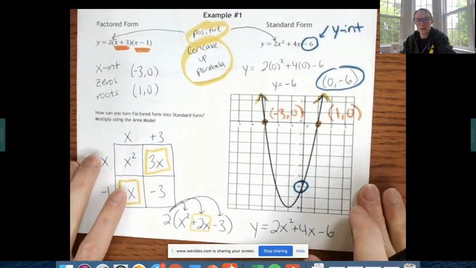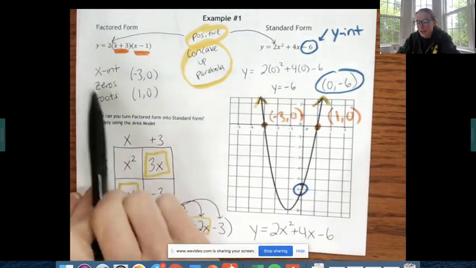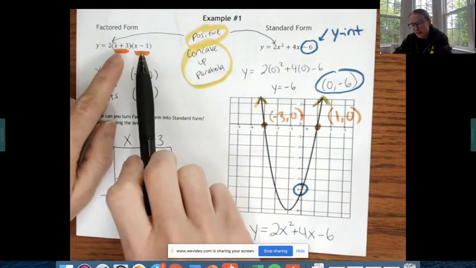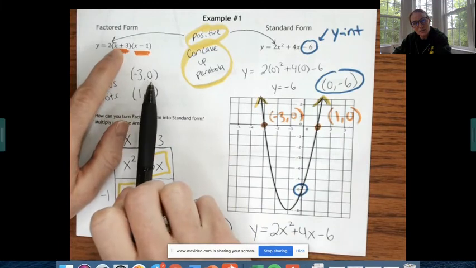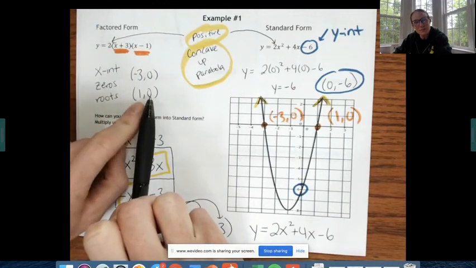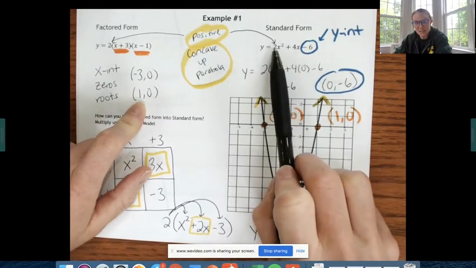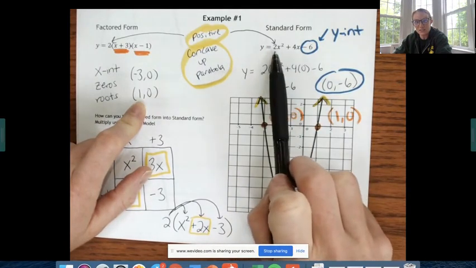So one more overview of this example. From factored form, I can see that my equation is concave up because I have a positive a value. I can also see my x-intercepts. Negative 3, 0 is what's going to make this factor 0, and positive 1, 0 is what's going to make this factor 0. In standard form, I can also see that it's concave up because we have this positive a value.